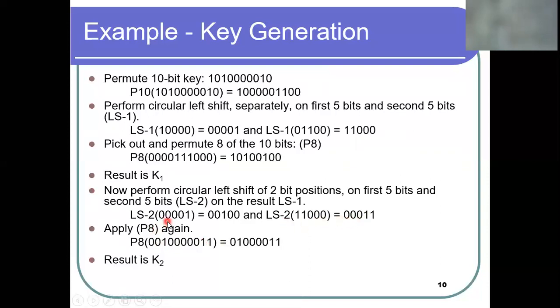If we join these outputs, this one 0 0 1 0 0, then 0 0 0 1 1, and apply P8 on this, we will get this result of 8 bits. And this is nothing but the second sub key K2.